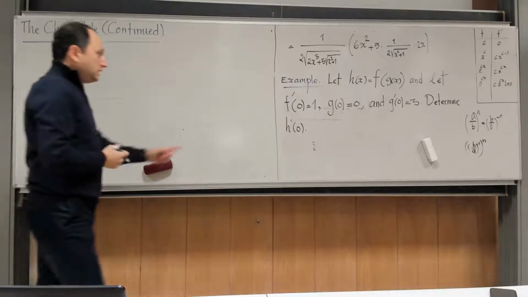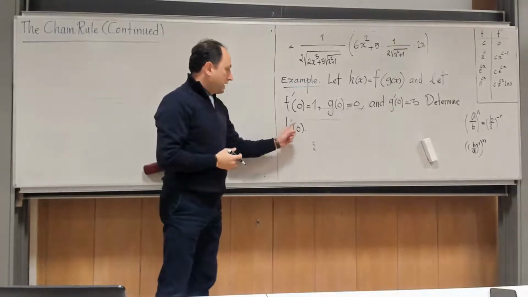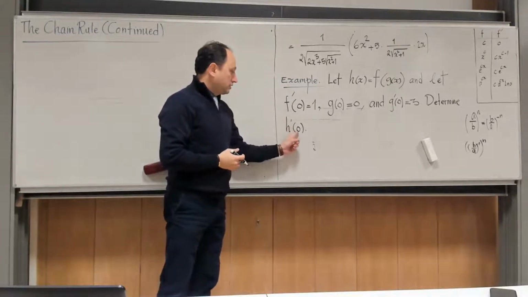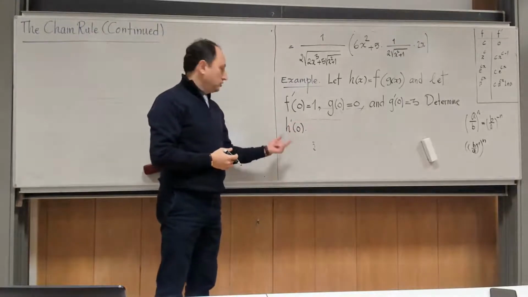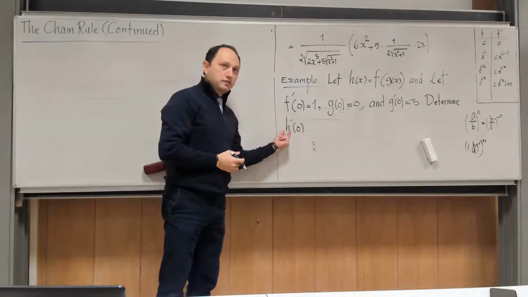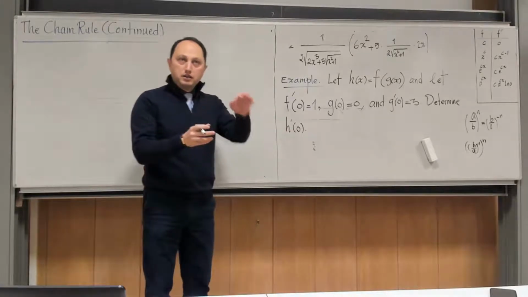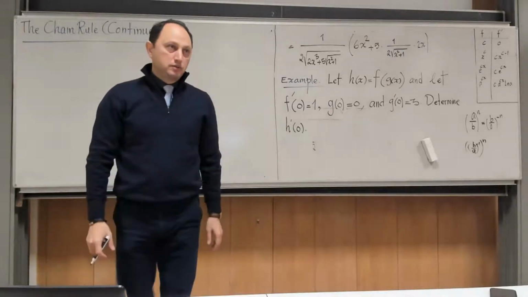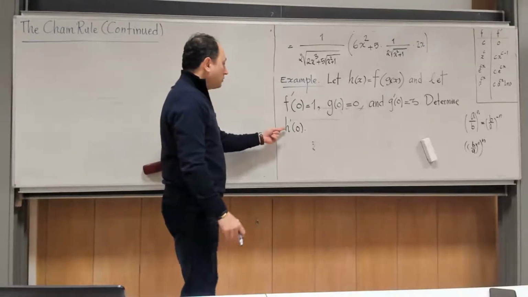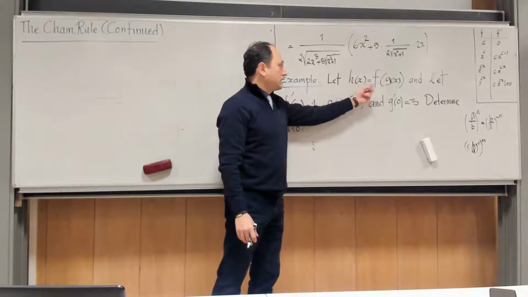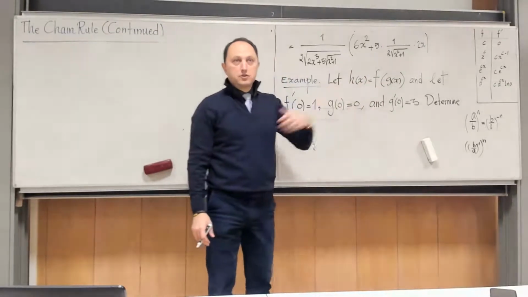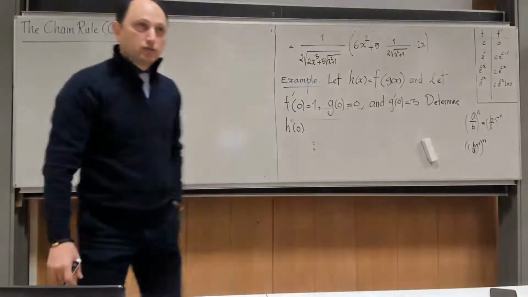Okay, so you see that I'm supposed to calculate the derivative of a function at some point. There is only one way to do that. You should differentiate your function first, and then when it is done, replace x with 0. Okay? But then when I want to start differentiating, I realize that this is written as the composition of two functions. So it means that I have to apply the chain rule. Yes?